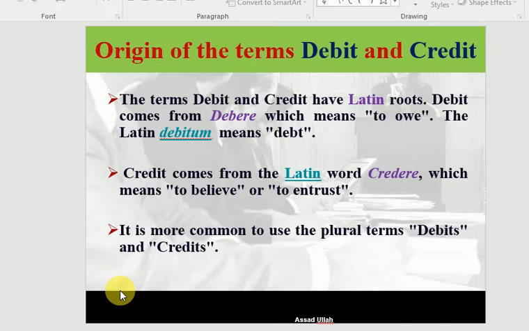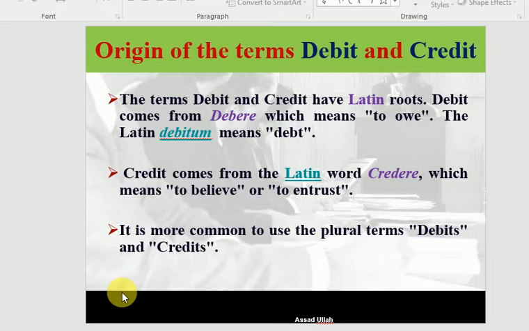Debere means to owe. To owe means ownership, or we can say that we have ownership of such things. So that is called debit.